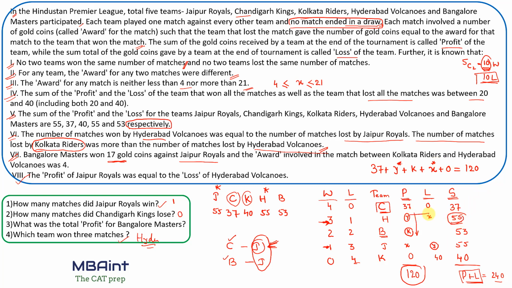So in place of x plus y we can write 55. So 55 plus 37 makes what? 92, right? 85 plus 7, 92. Okay, so k is nothing but 120 minus 92. 120 minus 92 is 28. So the answer to this question is 28.